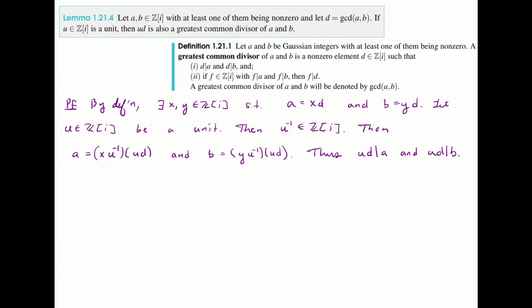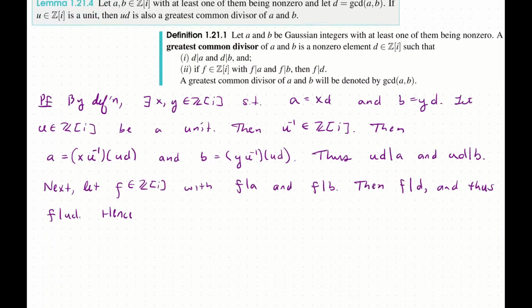Now we want to show that if we take some quantity f in the Gaussian integers with f dividing A and f dividing B, then f divides U times D. So next, let f be a Gaussian integer with f dividing A and f dividing B. Then, because D is a greatest common divisor for A and B, f divides D, and as a consequence, f divides U times D. And hence, UD is a greatest common divisor.